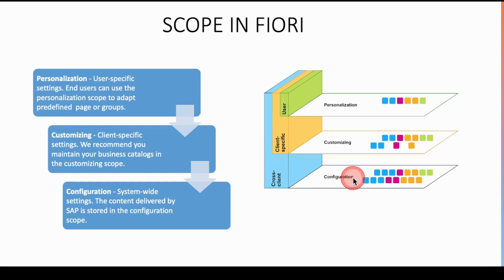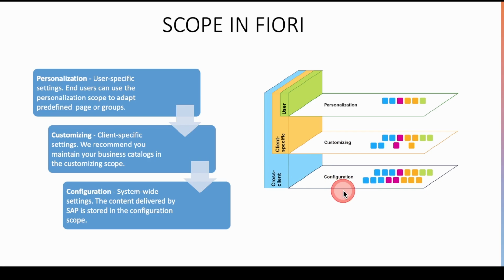You will notice many transactions will have the ending underscore conf or underscore cust. What that basically means is that it shows if a transaction is baking changes into configuration scope or a customizing scope.